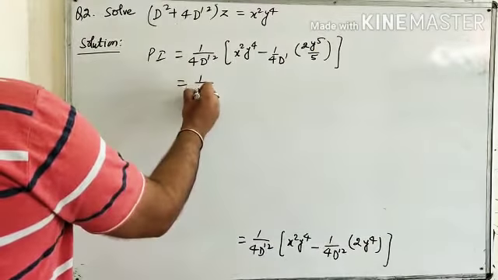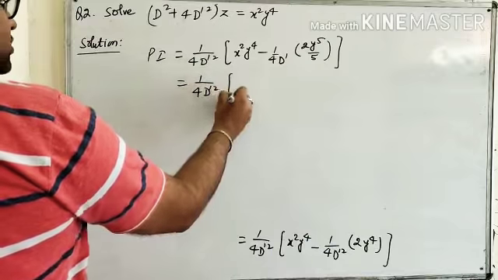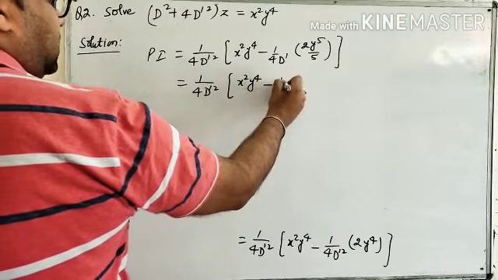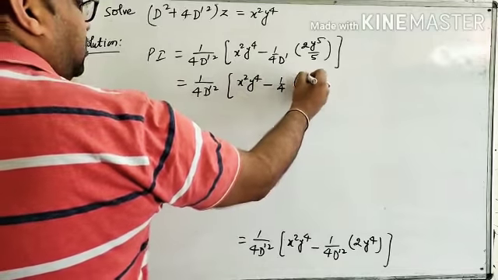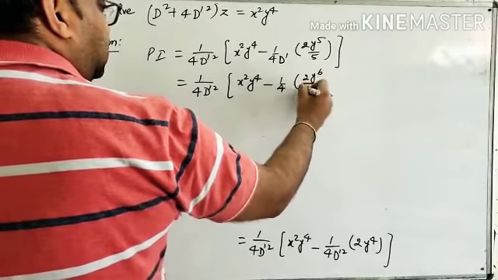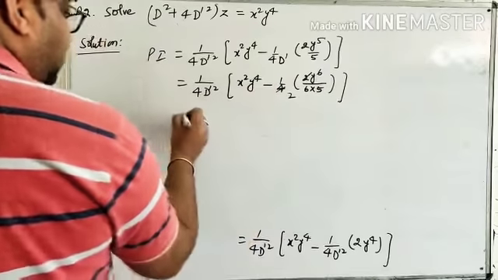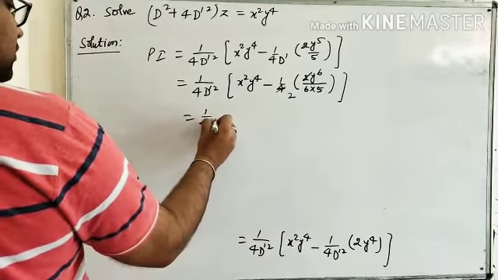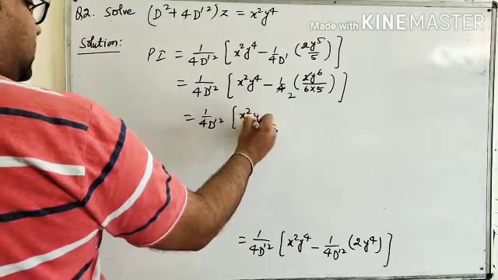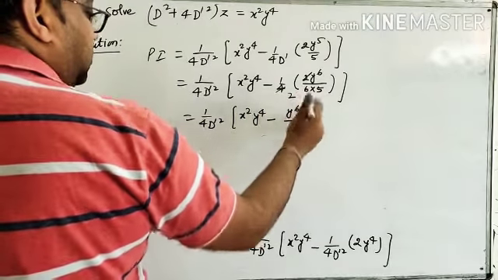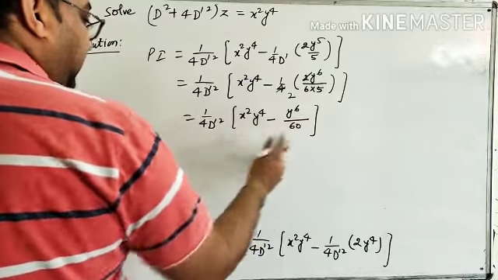Again integrate it: 4 D dash square x square y raised to power 4 minus 1 upon 4 twice y raised to power 6 upon 6 into 5, or 2 to the 4. We can write it 1 upon 4 D dash square x square y raised to power 4 minus y raised to power 6 upon 60.